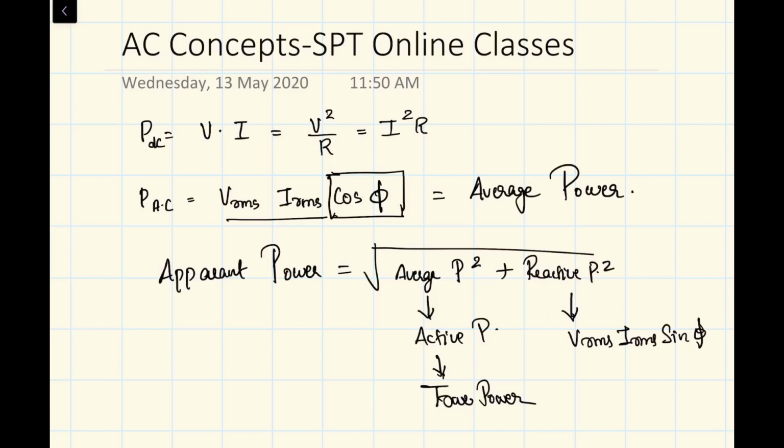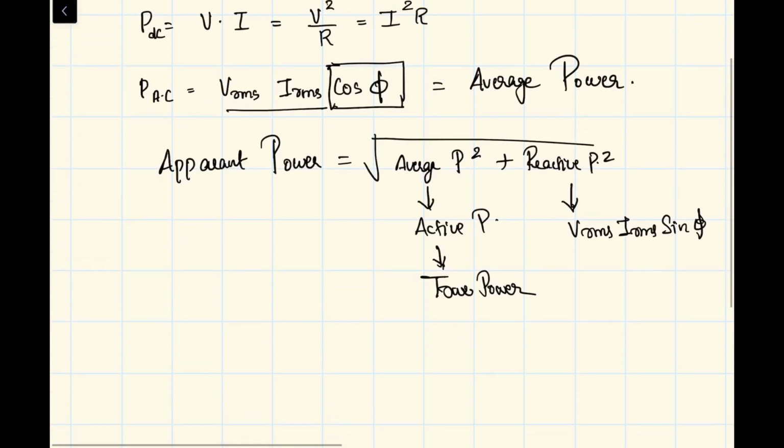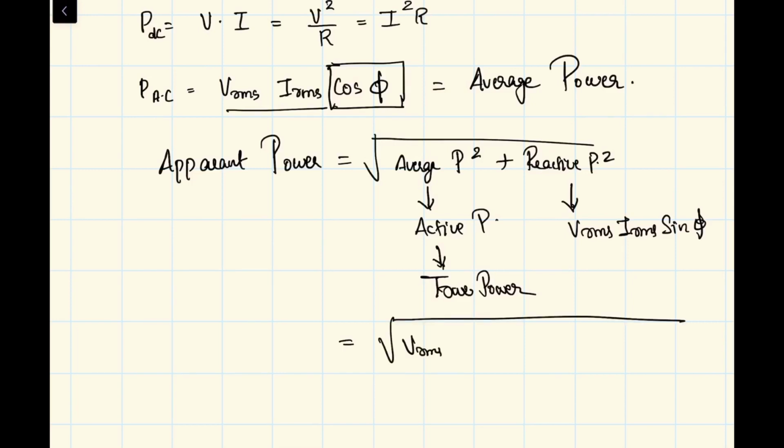I'll explain what is the meaning of all this, but just be patient. So we know that active power or average power or true power is Vrms Irms cos phi. Let's substitute that value: (Vrms Irms cos phi) square plus (Vrms Irms sin phi) square, whole under root.